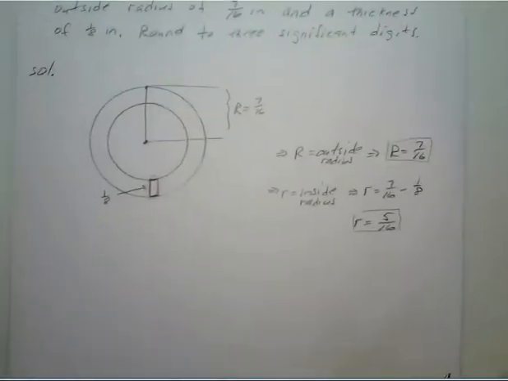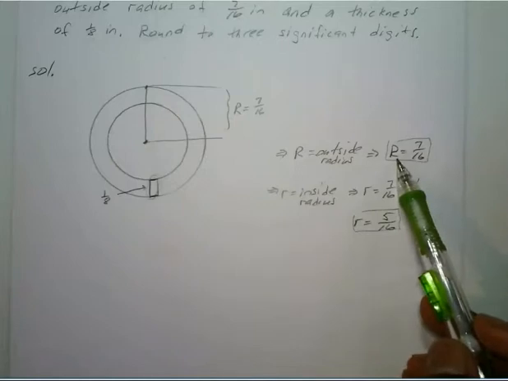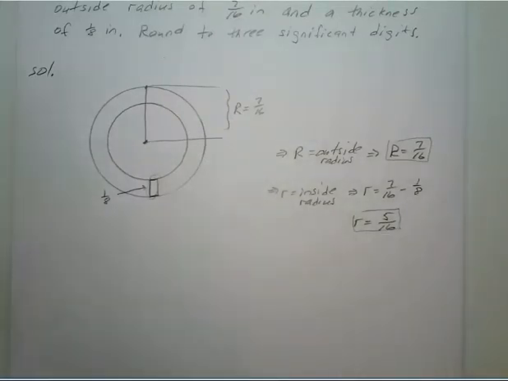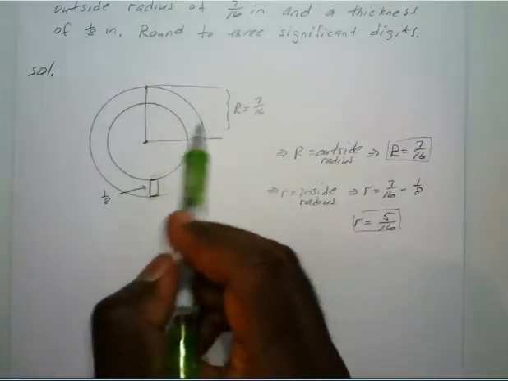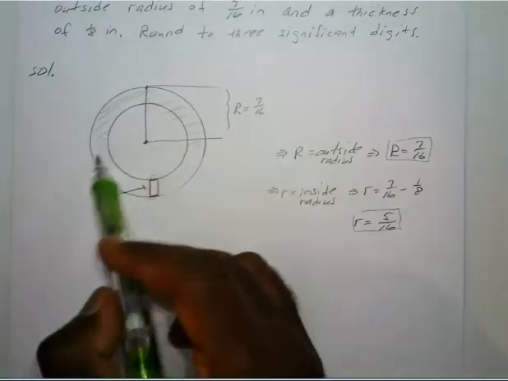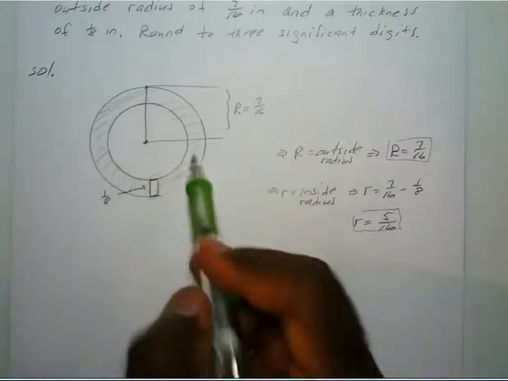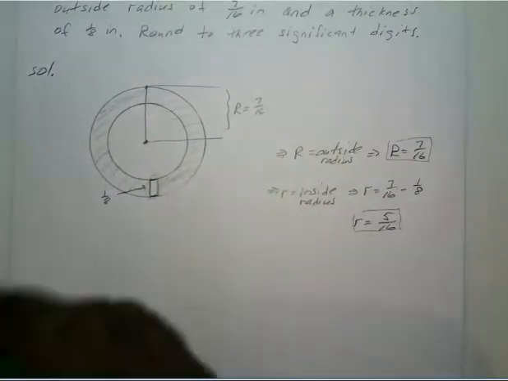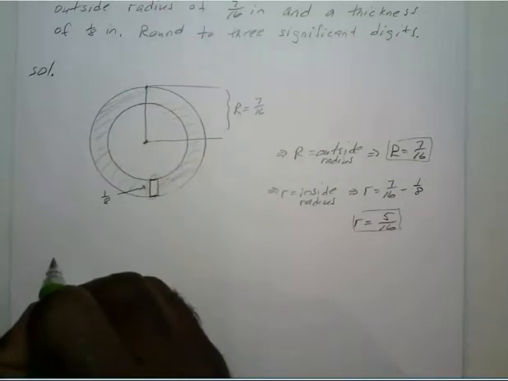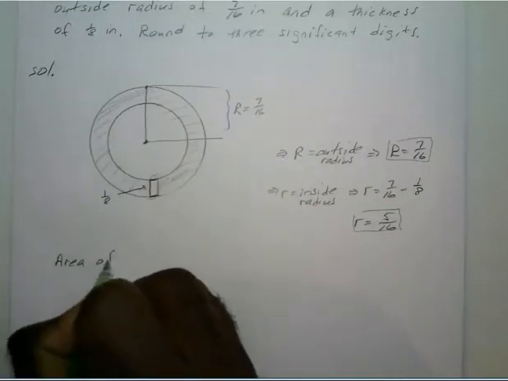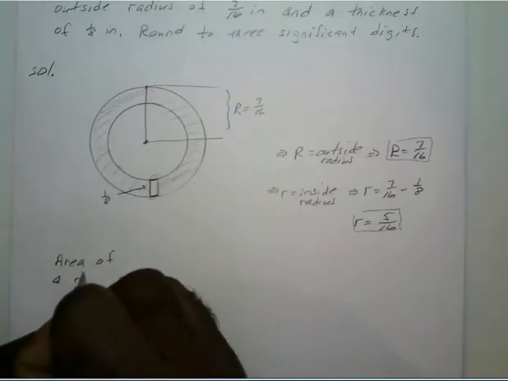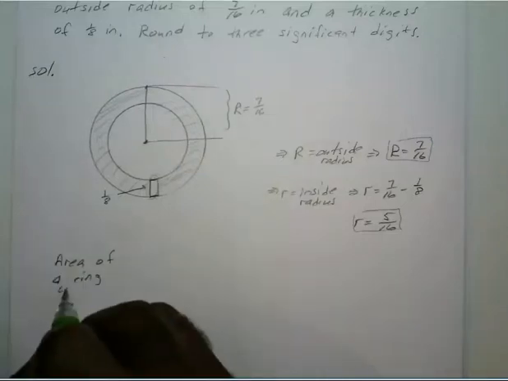Okay, so now that we do have our outer radius and our inner radius, let's go ahead and find the area of the washer, which is this shaded area right here. Okay, so we have the area of a ring, which is the same as the area of a washer.